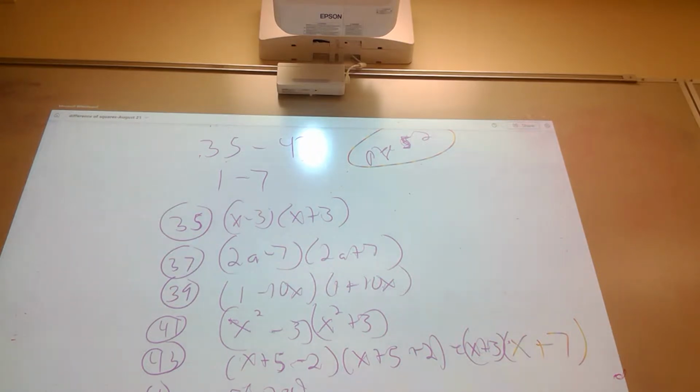For 3, what is the factor of 15 and 12 that they have in common? That's 3.